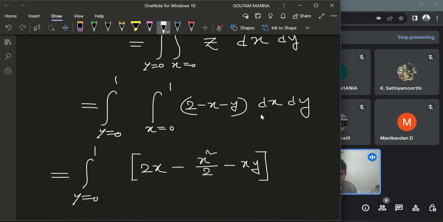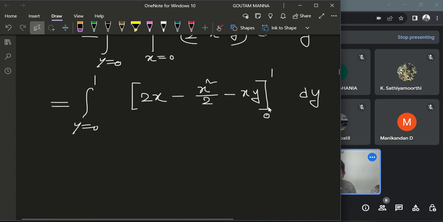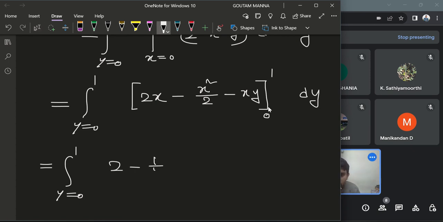Here we put the limits, x equals 0 to 1, dy, y from 0 to 1. If I put the upper limit, it will be 2 minus half minus y, since I'm putting x equals 1, and if I put the lower limit, all terms will be 0, because if you put x equals 0, everything will be 0. Times dy.